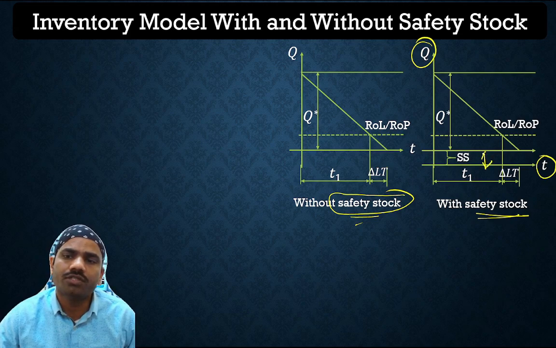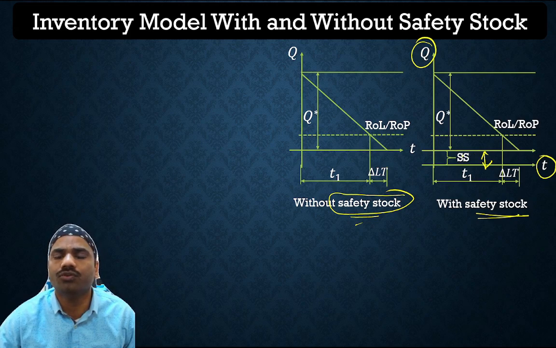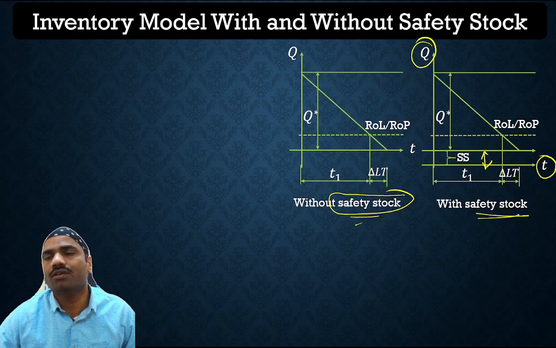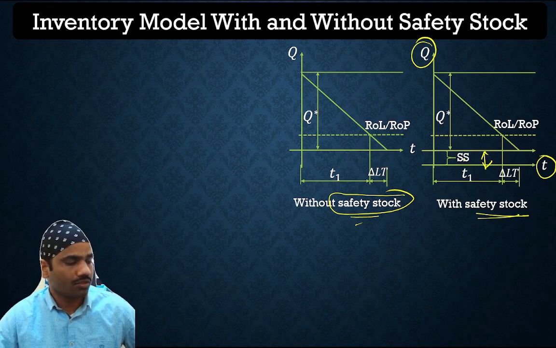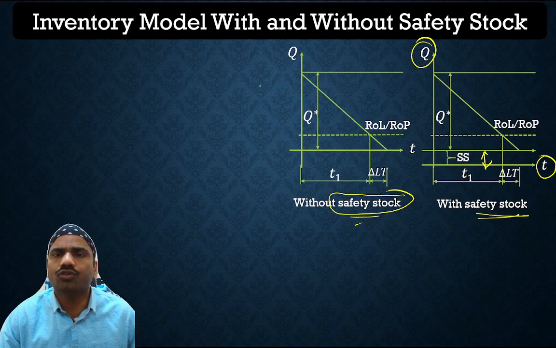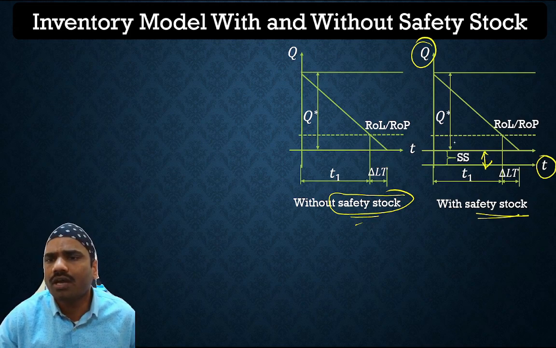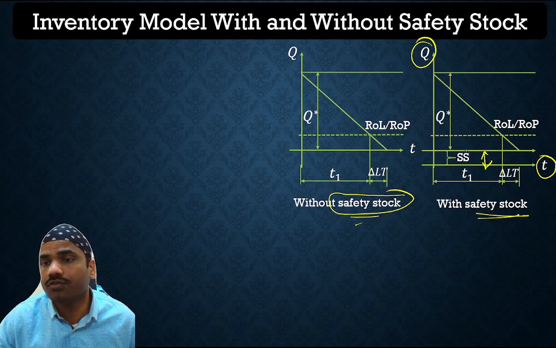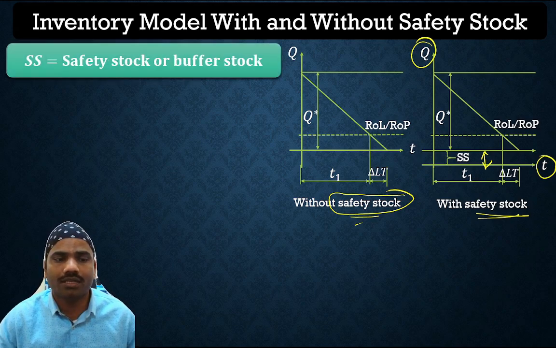So we have maintained some stock. There may be a chance that at the time of delivery there will be further delay. It may go for 2-3 days, and more time it will take. For those reasons we are making some safety stock. There is a chance that something goes wrong and there will be a delay in the delivery, so we are maintaining some stock for a future worst condition, and that stock is nothing but the safety stock.